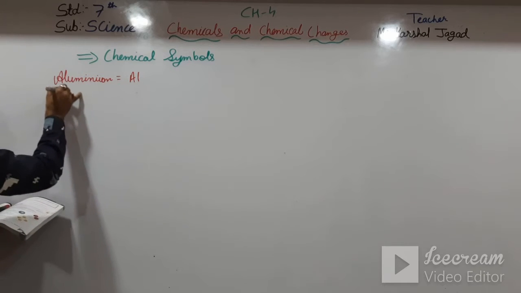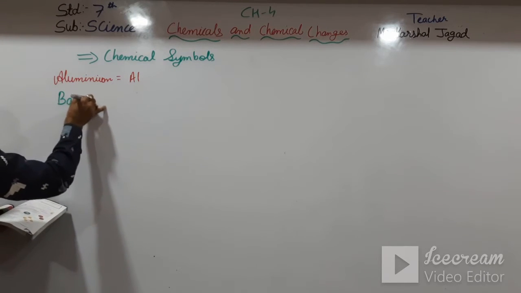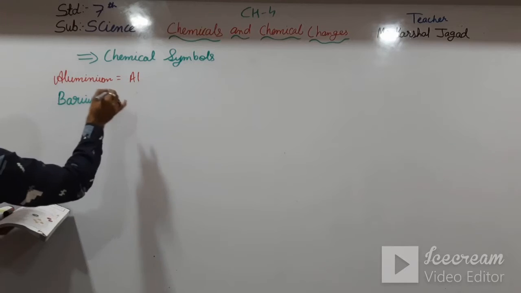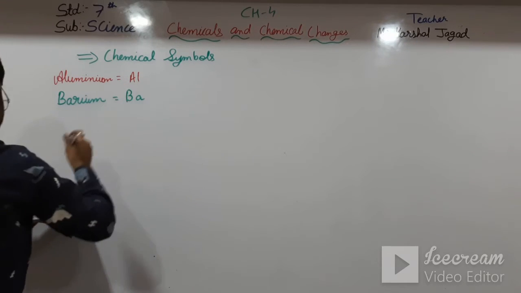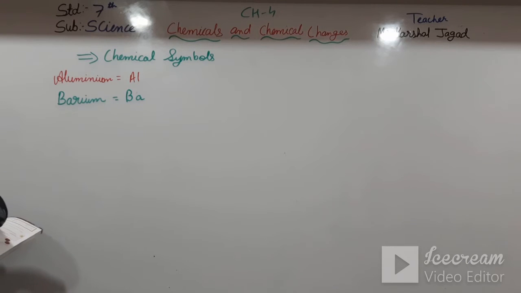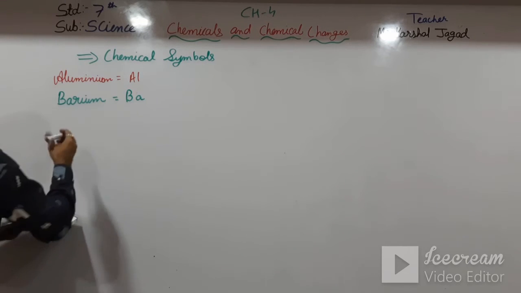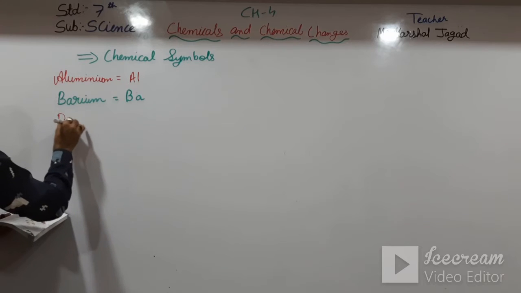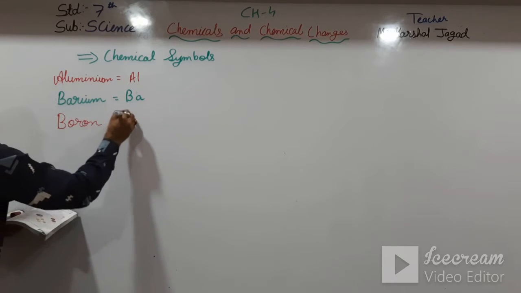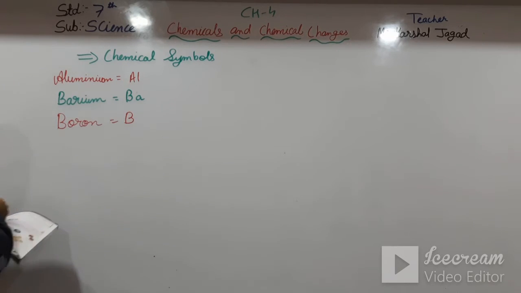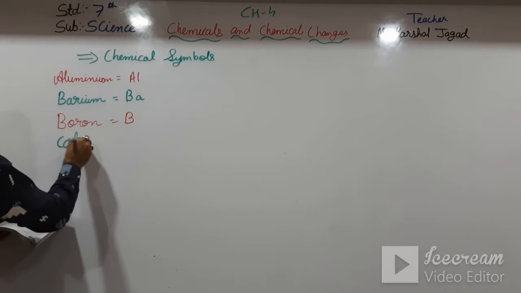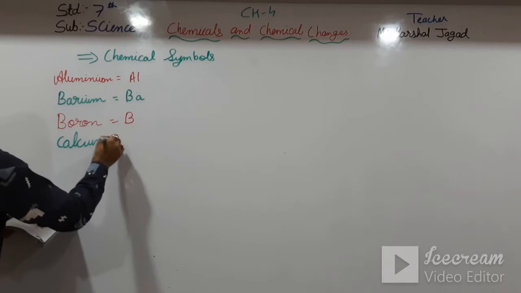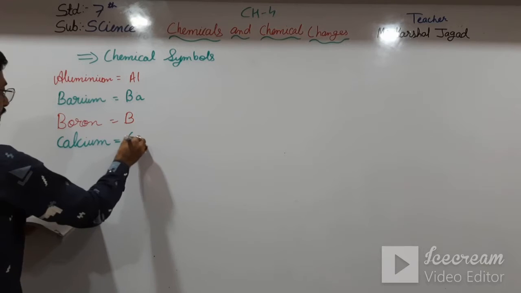Then coming to barium. Barium has the symbol Ba. Then boron, that is only B. Then calcium, that is Ca.